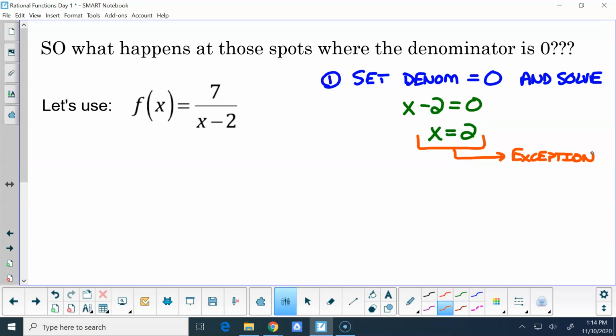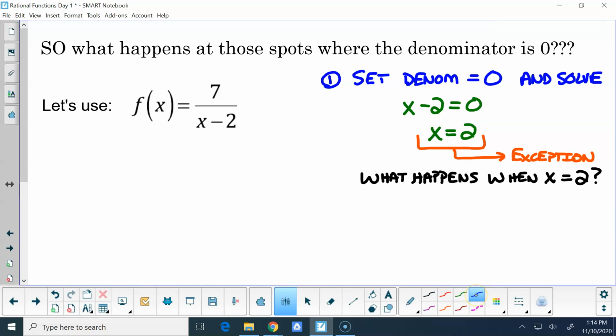So the question that we have to ask ourselves is, so what happens with our function when x is 2? That's the question. And the answer is we get something, actually tap the brake.